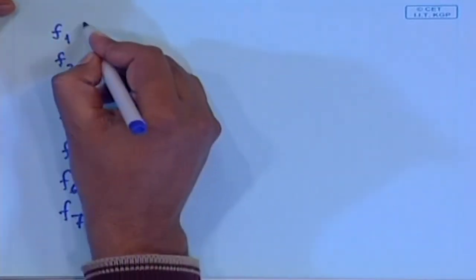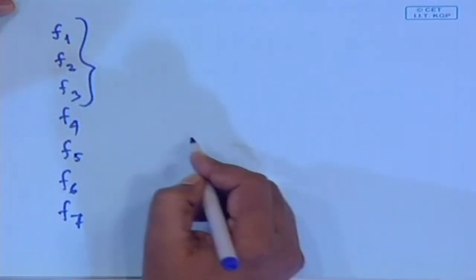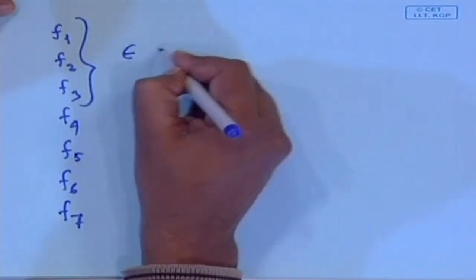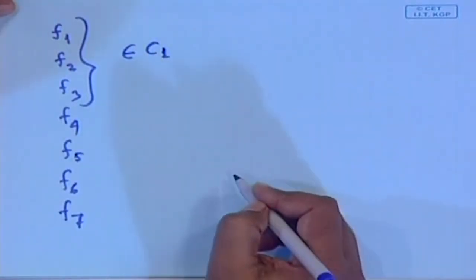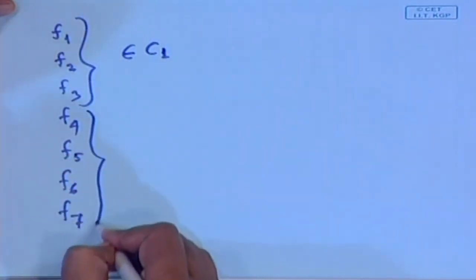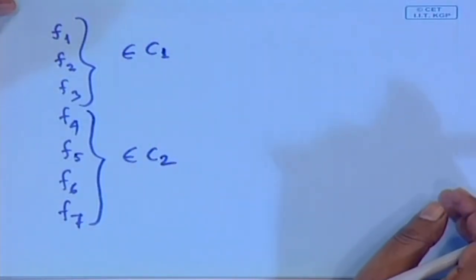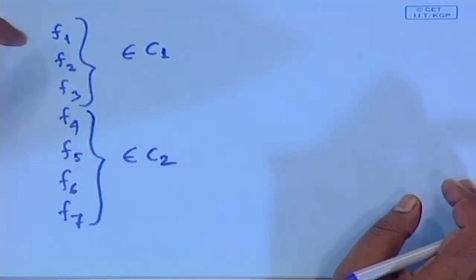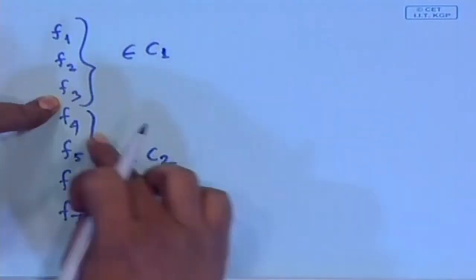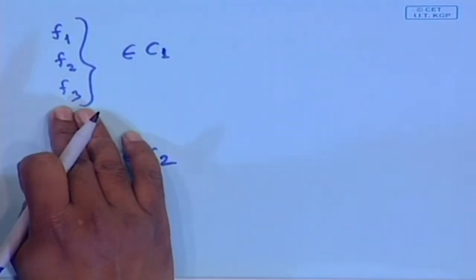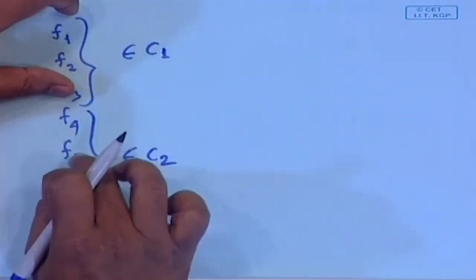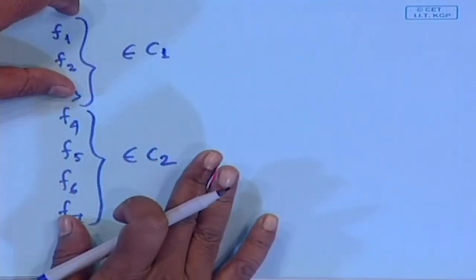Suppose f1 to f3 are the feature vectors which belong to, say, class C1, and f4 to f7 belong to class C2. In supervised learning, this is already told: these three feature vectors f1, f2, and f3 belong to class C1. Similarly, f4, f5, f6, f7 belong to class C2.